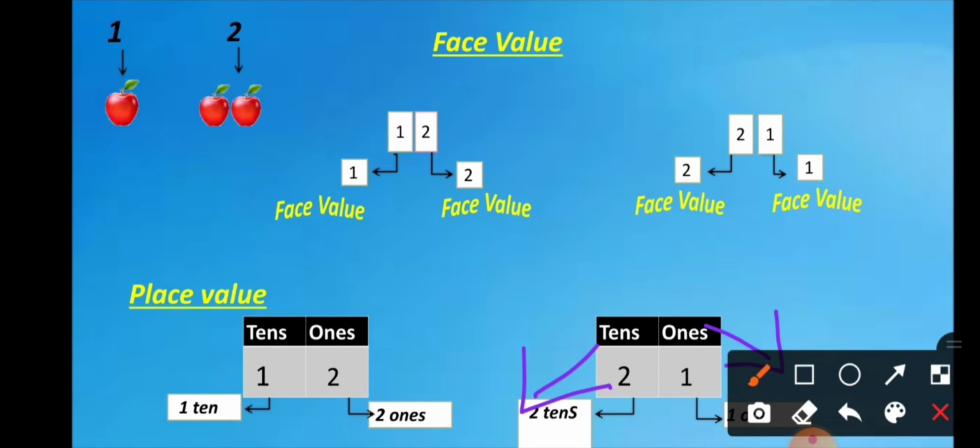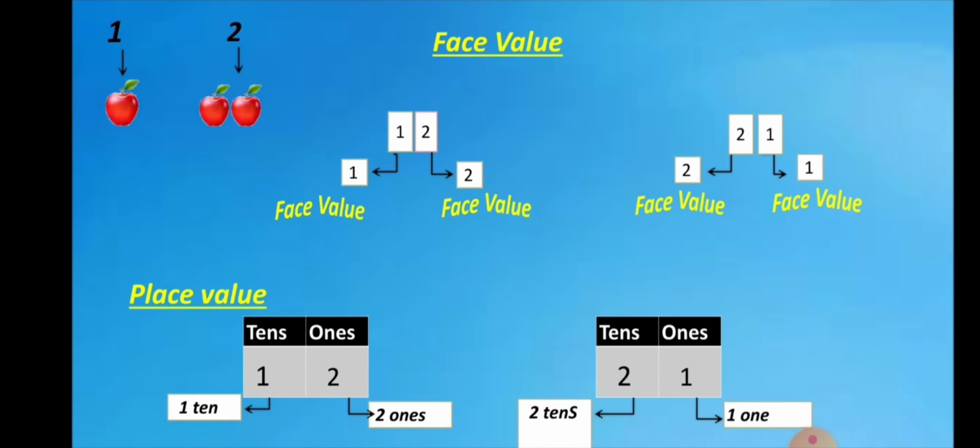Okay, we see that in the number 12 the value of 2 ones is less than the value of 1 ten. In the number 21 the value of 2 tens is greater than the value of 1 one. This is because of its place value. Okay, place value will change.